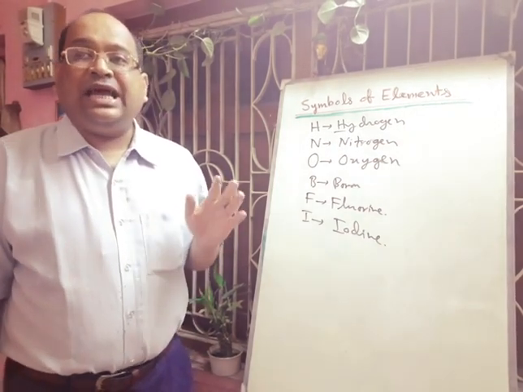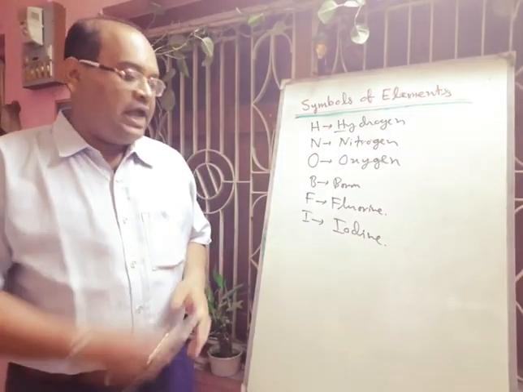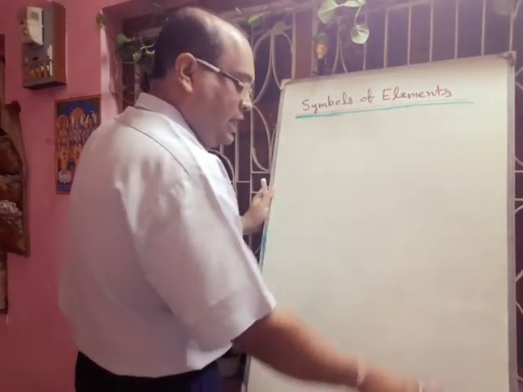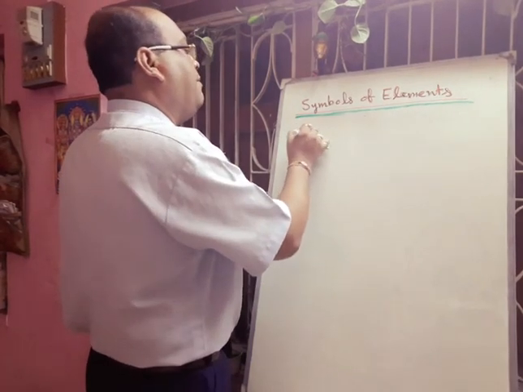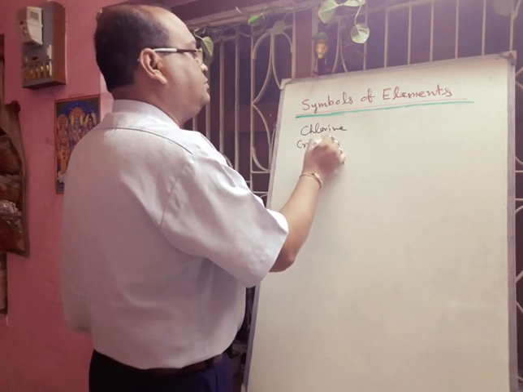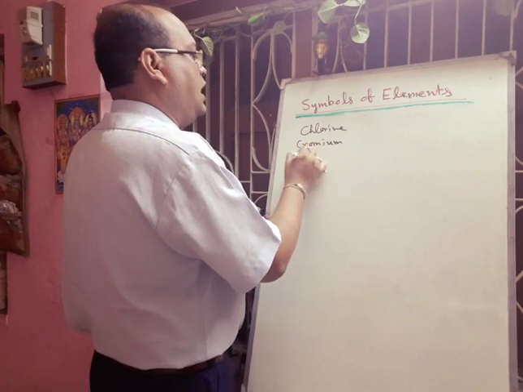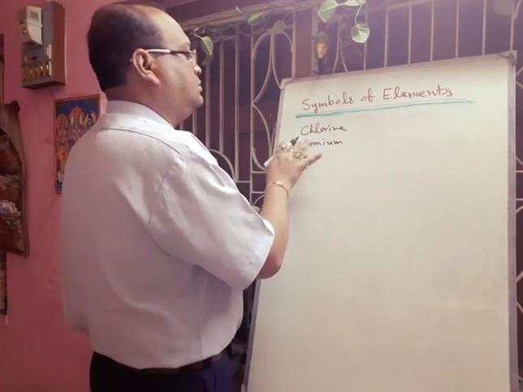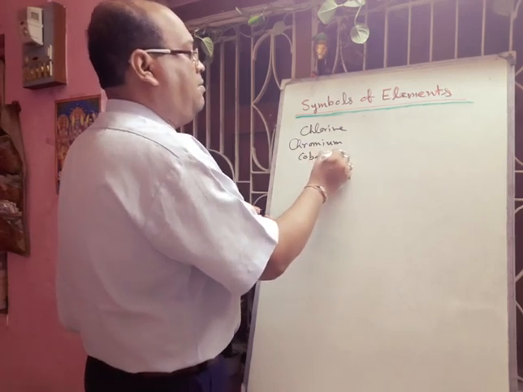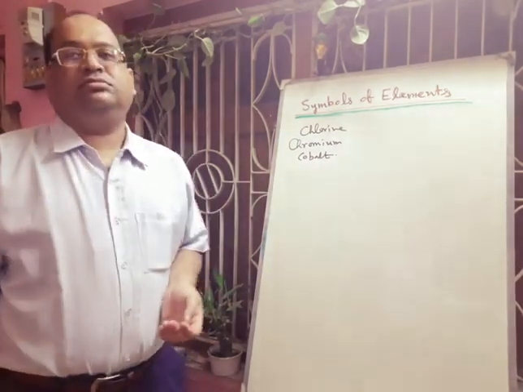But there are a number of elements whose names begin with the same letter. I can give you examples like chlorine, chromium, and cobalt. So in this case, if we write only C, that will represent carbon.